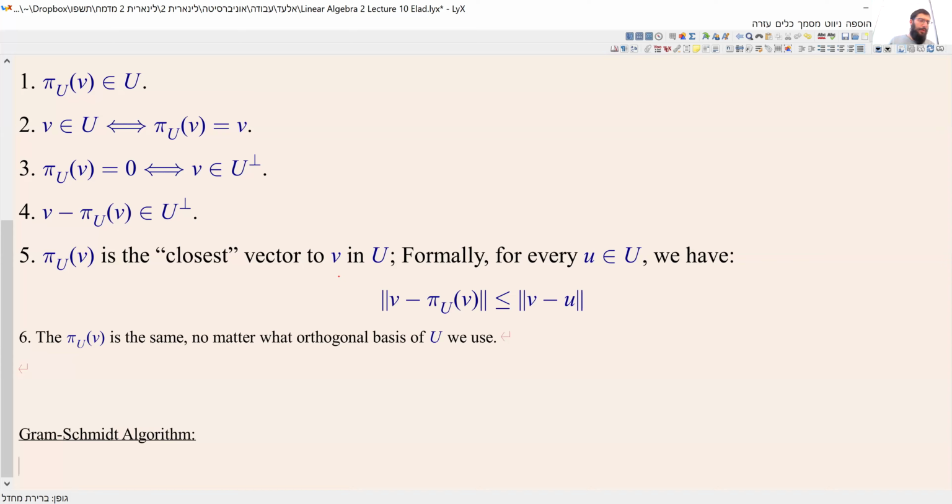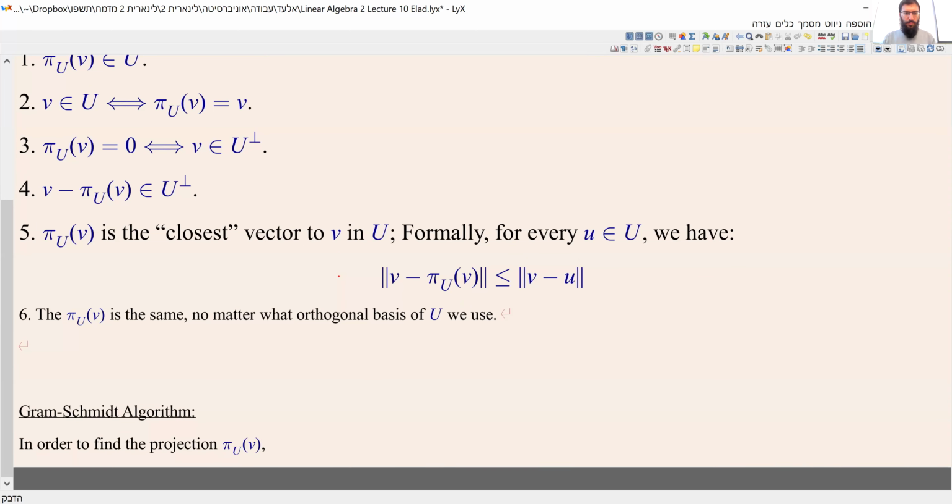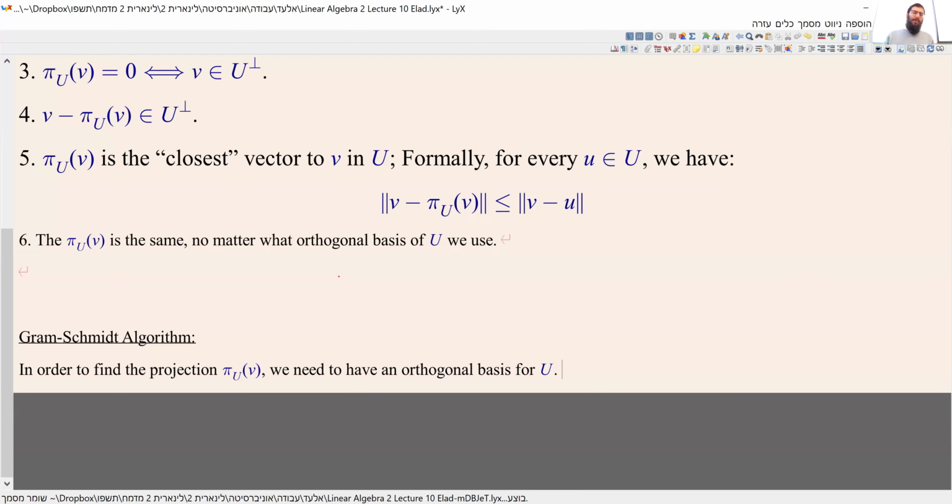The question is simple. In order to find the projection, we need to have an orthogonal basis for U. Now, given a subspace, we know how to find a basis.